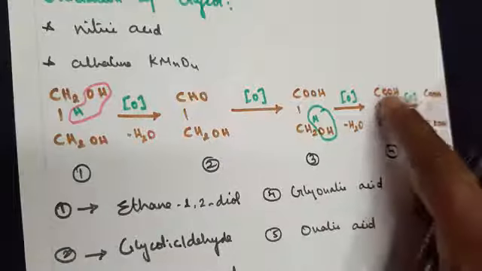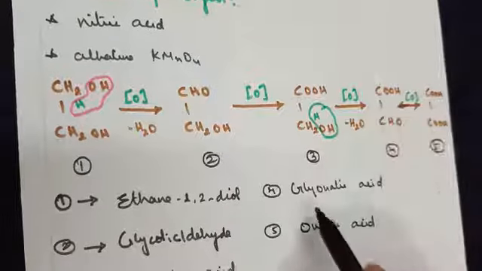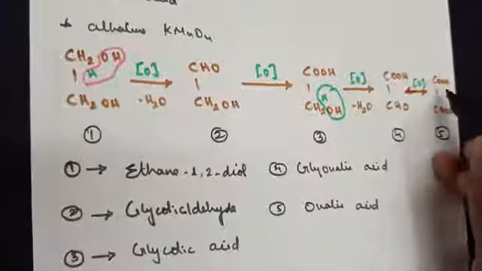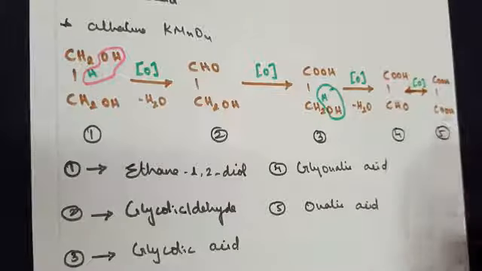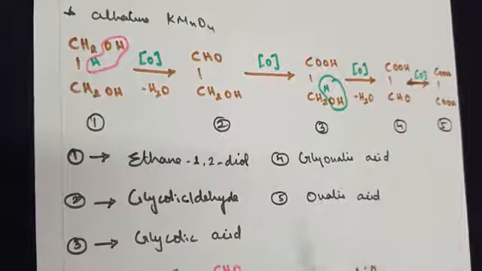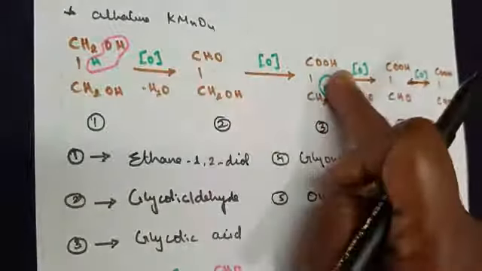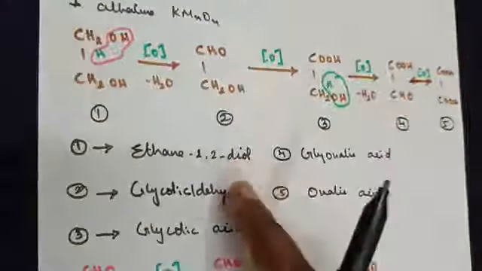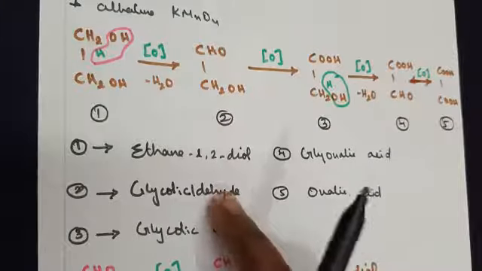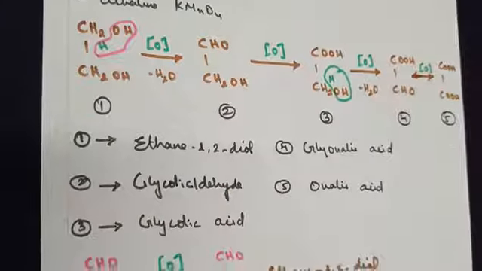And the fourth one, COOH, CHO, glyoxalic acid. And the last one, COOH and another COOH, is called oxalic acid. So the name of the compound you need to know. Reactions may be given sometimes. You will be asked in terms of objective questions. Name of the compound you will have to write down.